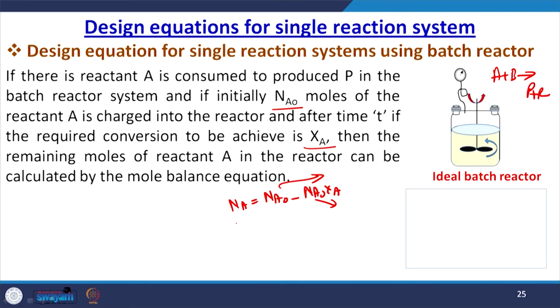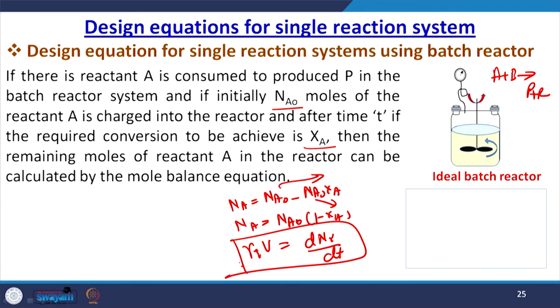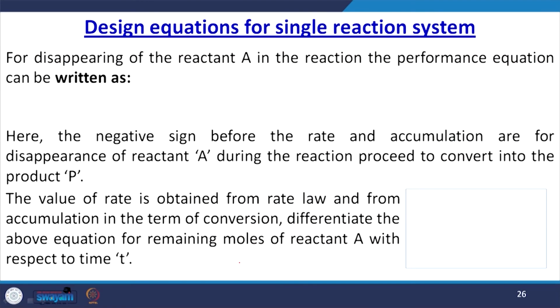So this equation can be represented as Na naught times 1 minus Xa, and the differential performance equation for this ideal batch reactor can be represented like this. Now for disappearance of reactant A in the reaction, the performance equation we can write like this.